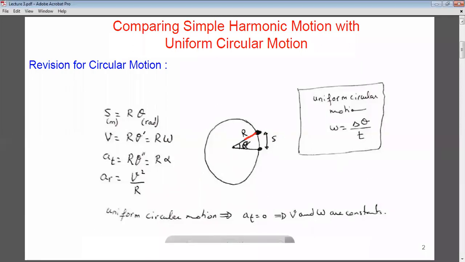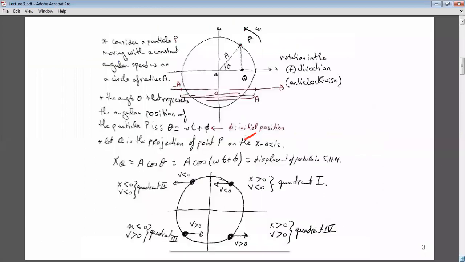Can we describe it in another way? Consider a particle P moving with a constant angular speed omega on a circle of radius r. Now, the angle theta that represents the angular position of P is changing as we are rotating with a constant omega.